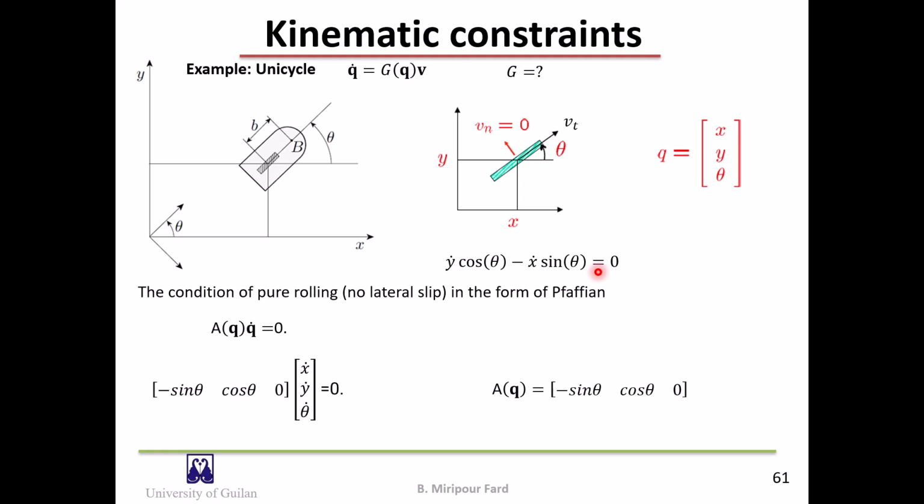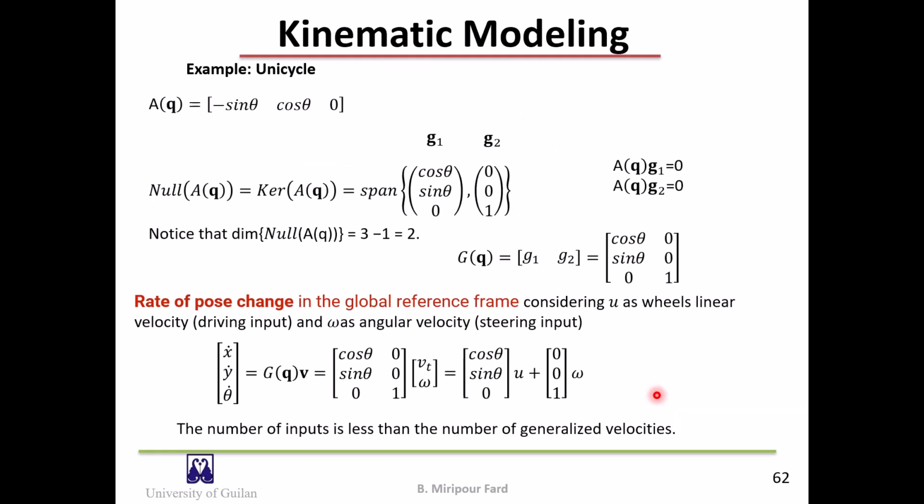In the form of Pfaffian, we can write this equation as can be seen here. So in this case, the constraint matrix A is a 1 by 3 matrix.